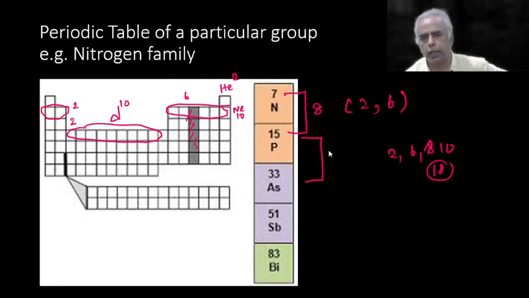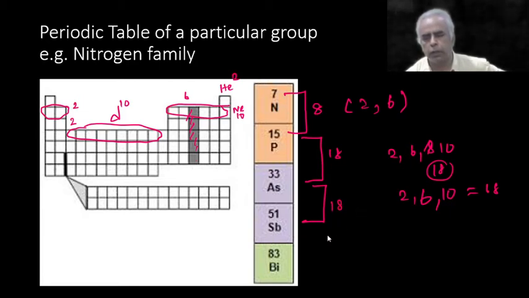So 15 plus 18, 33. And again you have to add 18, because it comes across S block, P block and D block. So you have to account for S block, P block and D block. So 33 plus 18, that is 51.